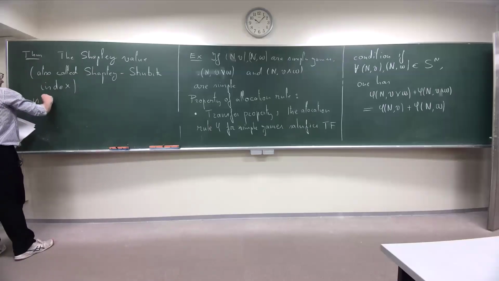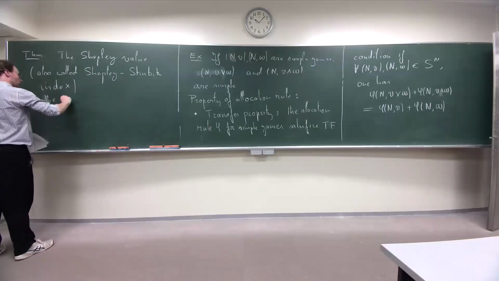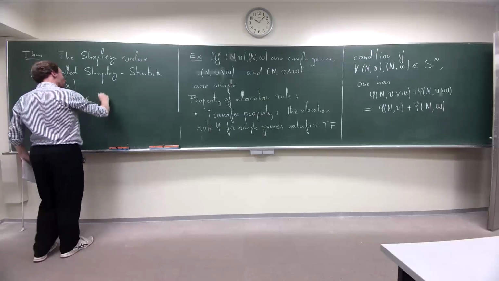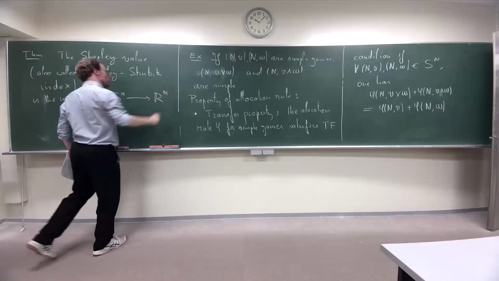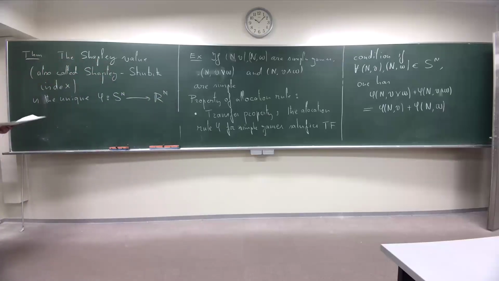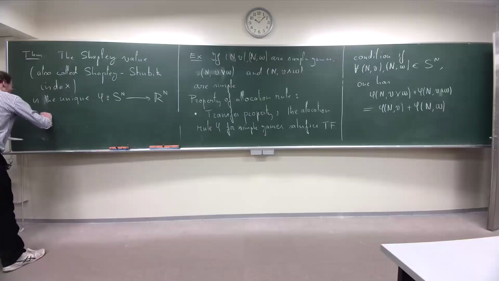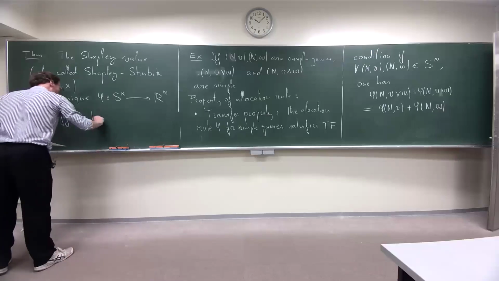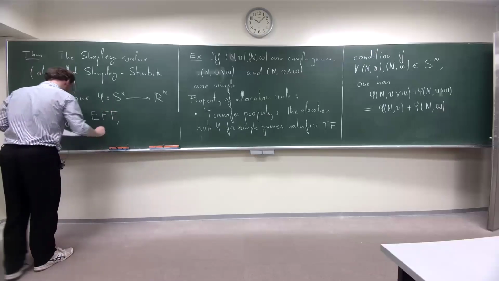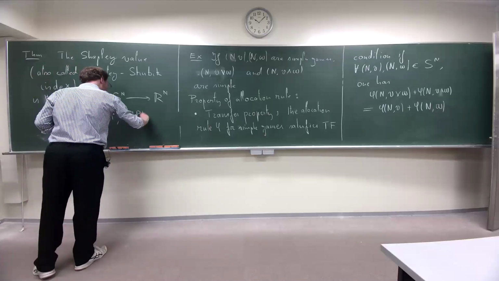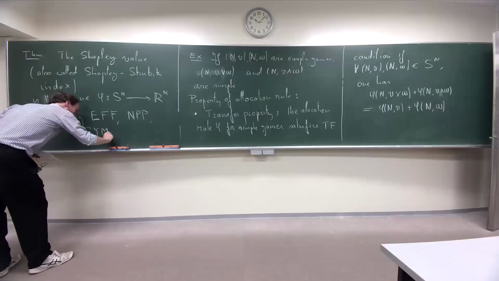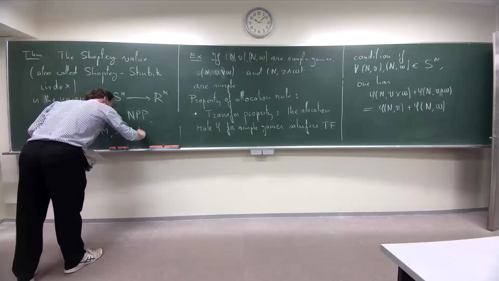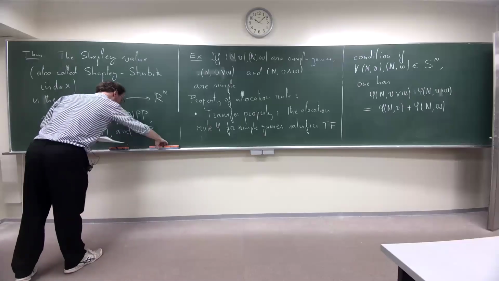It is the unique allocation rule, a unique phi from Sn to Rn, so a way to distribute the value, satisfying four conditions: the efficiency condition, which is meaningful for simple games, this NPP condition, which was about null player, the symmetry condition, and the last one I have introduced, this TF.